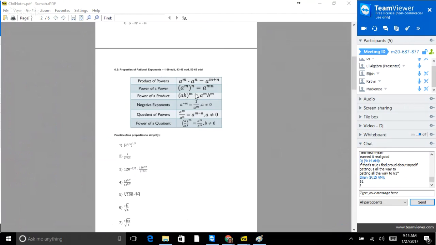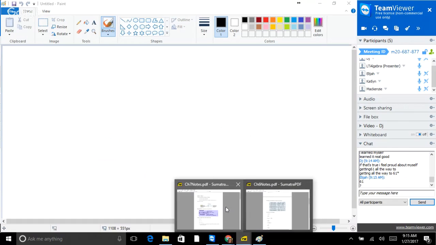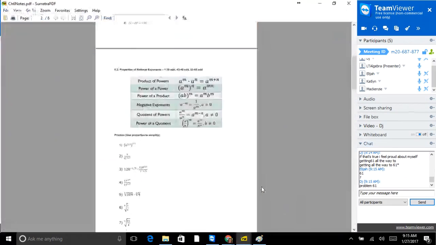Yes, and there were a lot of problems in this section, weren't there? Why don't we pick one out of each section and go over the rules for each one, and you guys can see if you're tracking along. So we had problem 61. Go straight for the hard one, right? Okay, 1 through 39.